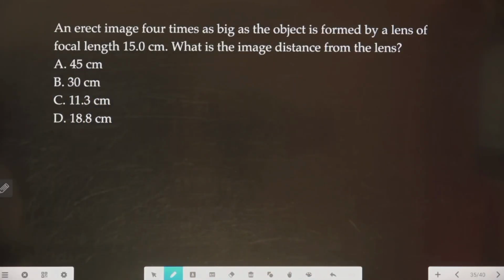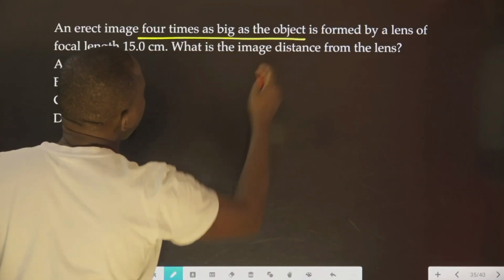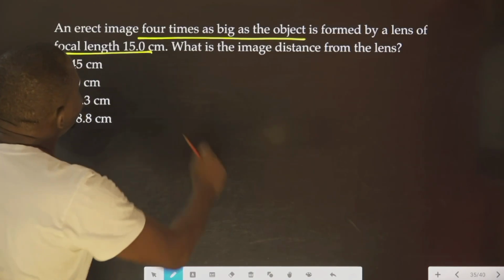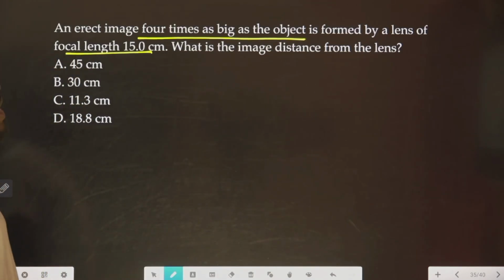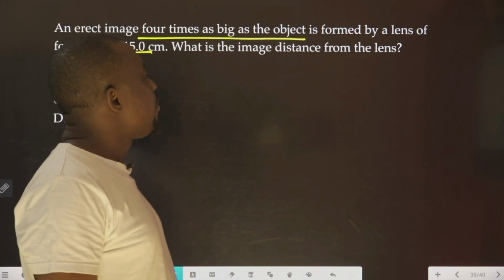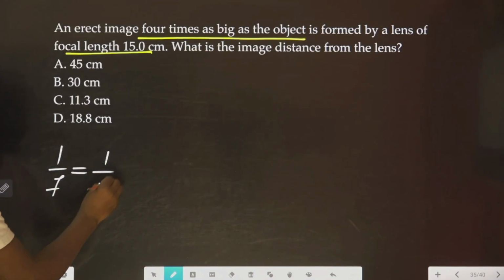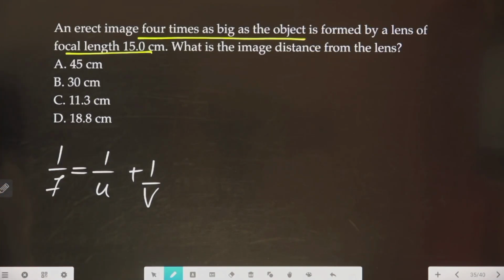An erect image 4 times as big as the object is formed by a lens of focal length of 50.0 centimeter. What is the image distance from the lens? Don't forget that 1 over focal length is equal to 1 over u plus 1 over v.